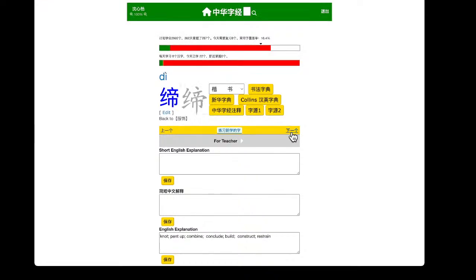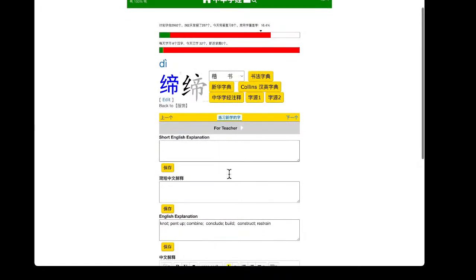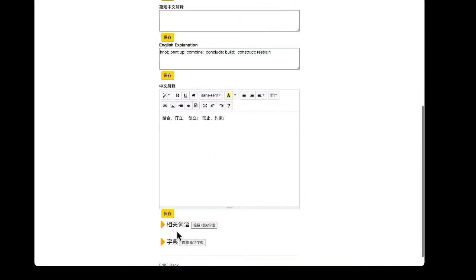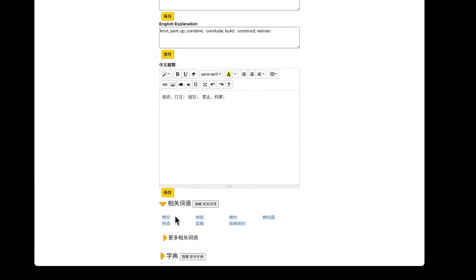Okay, next one. 缔. Okay, 缔 is a knot. Knot or pent up or combine. Now, because combine and tighten together and become firm, so this is later on to mean conclude, construct or restrain, that kind of meaning. Okay, for example, very common words like 递交, 缔造, 缔结, 缔约, right? 缔约, 缔交.